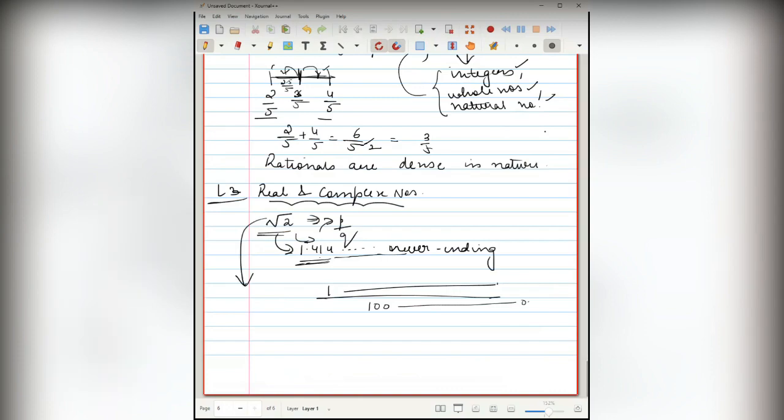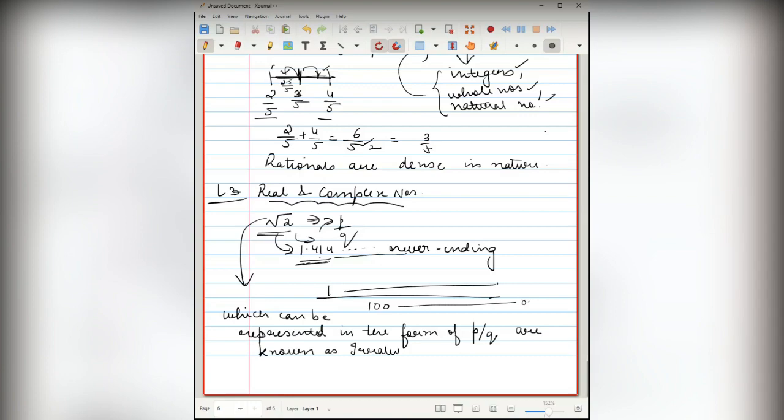So such numbers which cannot be represented in the form of p by q are known as irrational numbers.